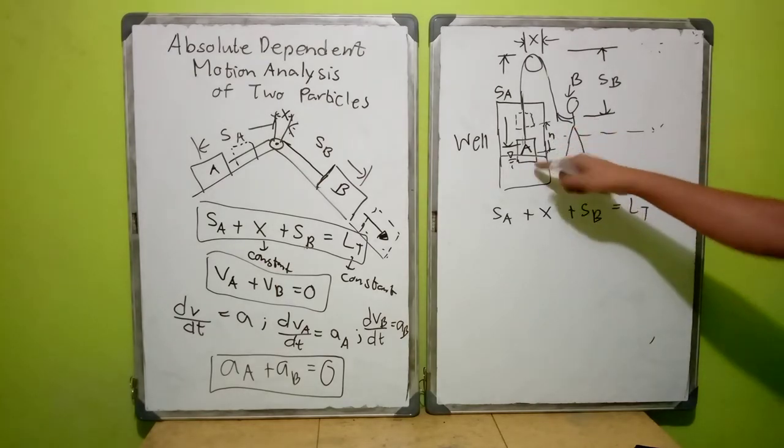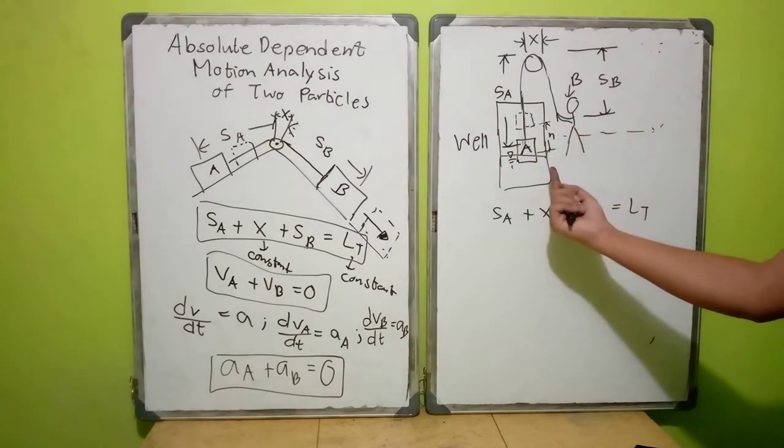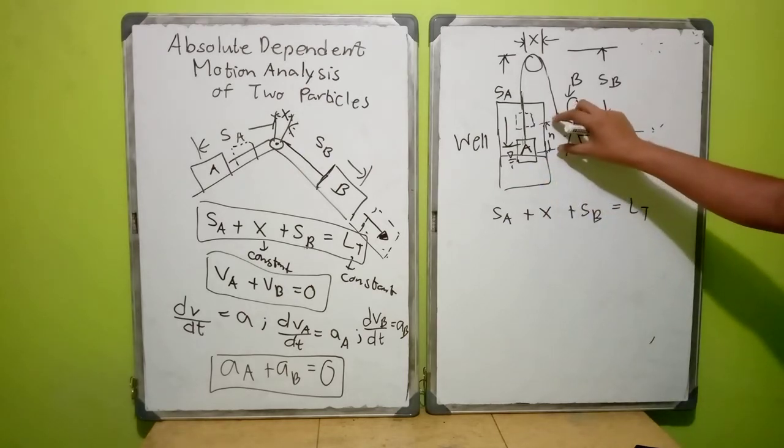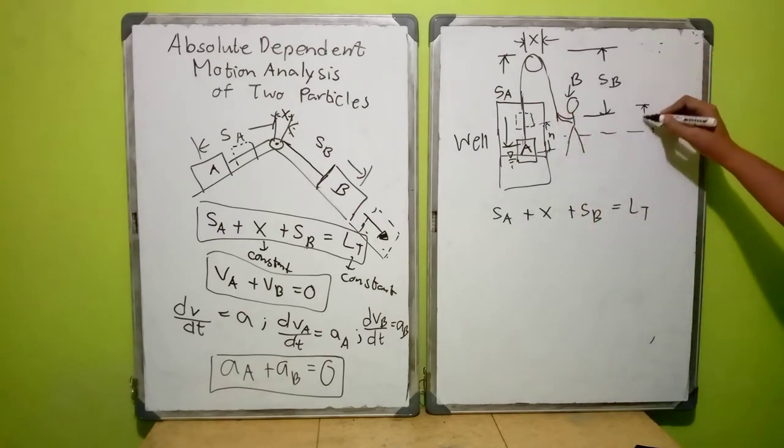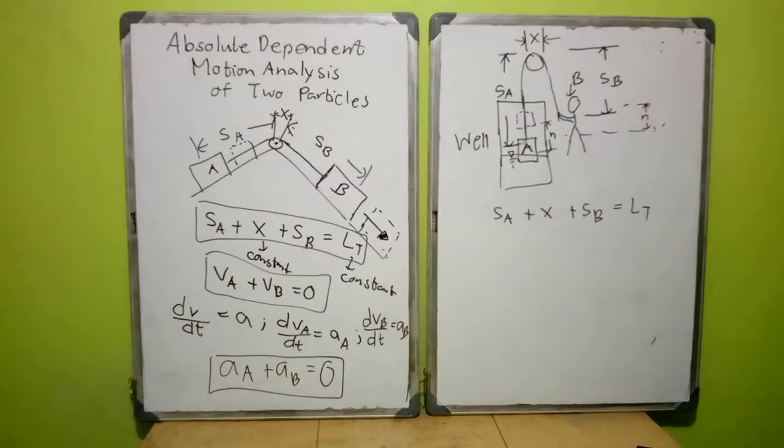So if this pail travels upward h meters, this SB will also increase by h meters. It depends.